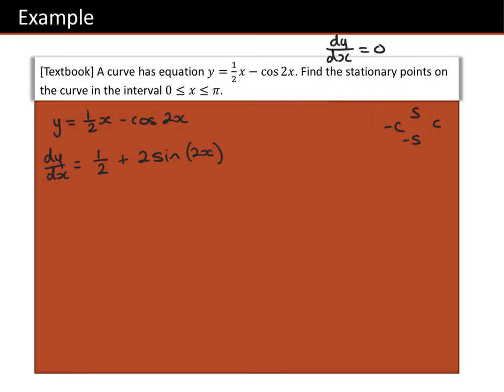So what we're going to do, we're going to put our gradient, a half plus 2 sine of 2x, equals 0. Now, what I'm about to do now is simple algebra rearranging. 2 sine of 2x equals minus a half. Sine of 2x, divide both sides by 2, equals minus a quarter. Okay, what do we have here right now?